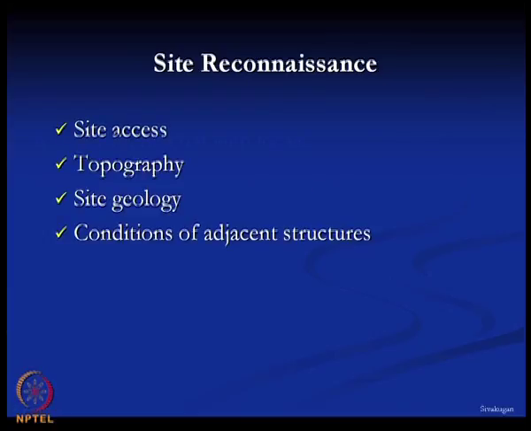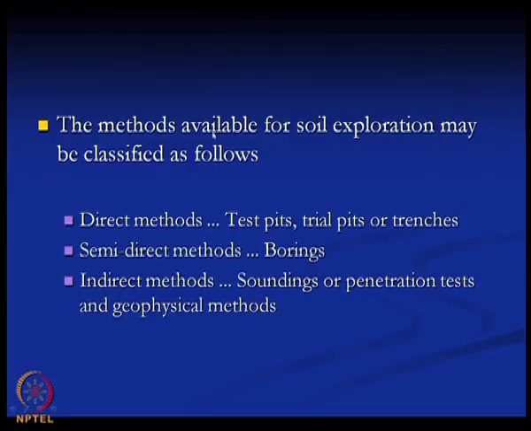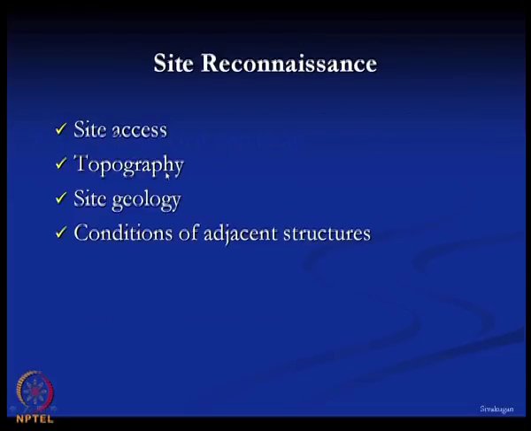Then first we will go for the site reconnaissance. We will go for the preliminary survey of the land of the site where we will conduct the soil exploration, and look at the site access, because we need access to the site for the equipment which will be used for soil exploration. Then the topography of the site, site geology, and condition of the adjacent structures.